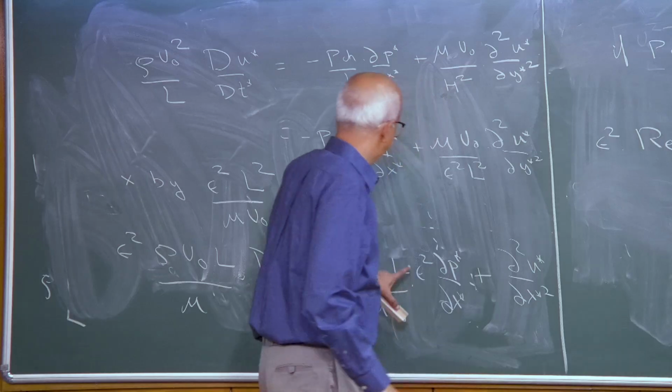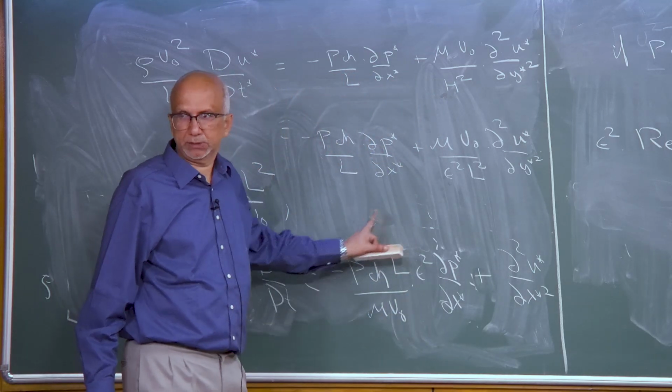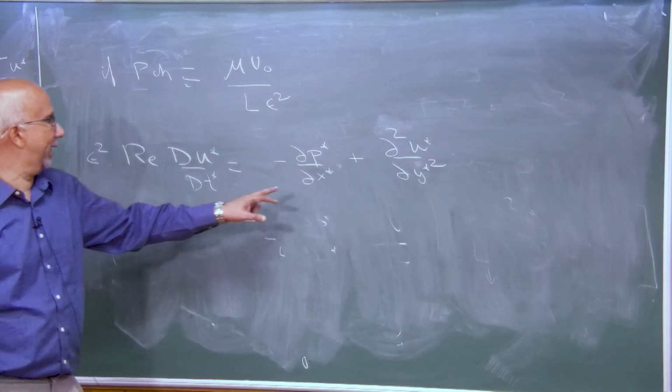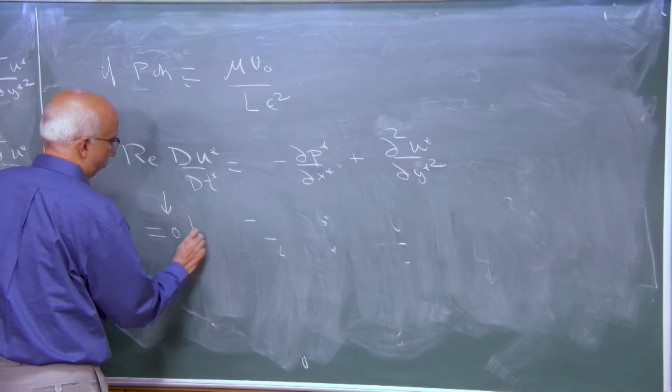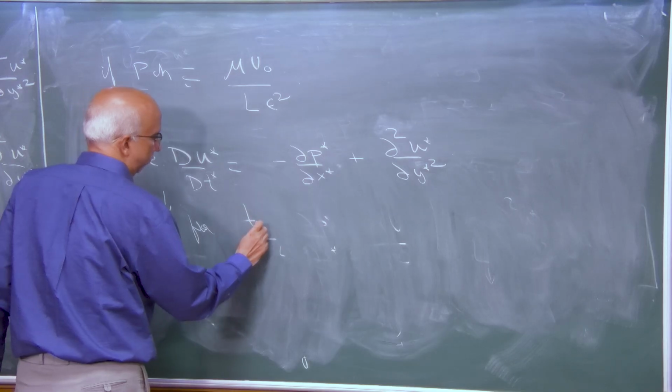This will become 1. I have chosen this P characteristic, so this becomes 1. So, now these two terms will balance each other. For low epsilon, this is 0 for low epsilon.